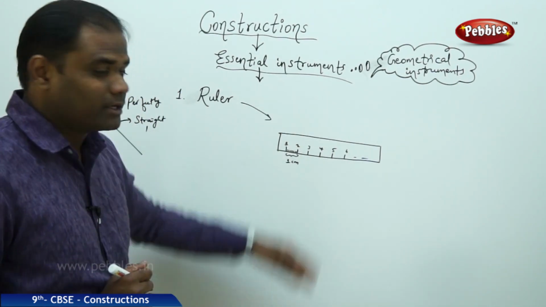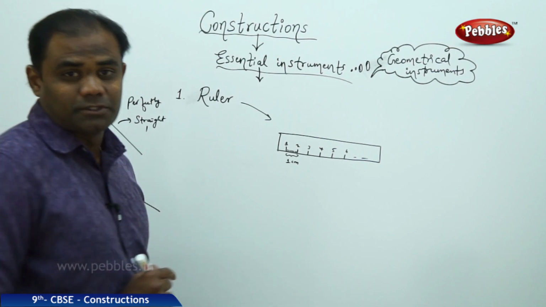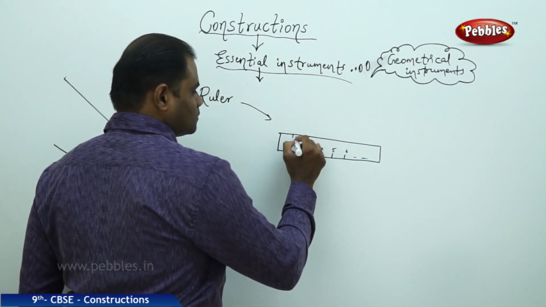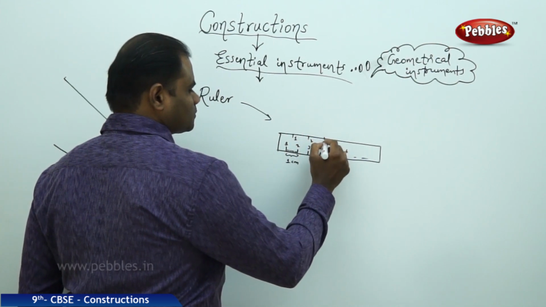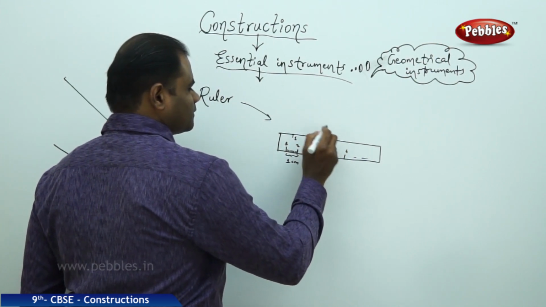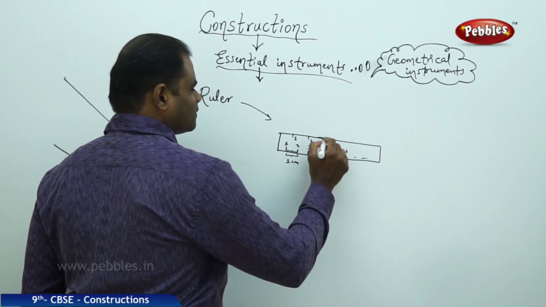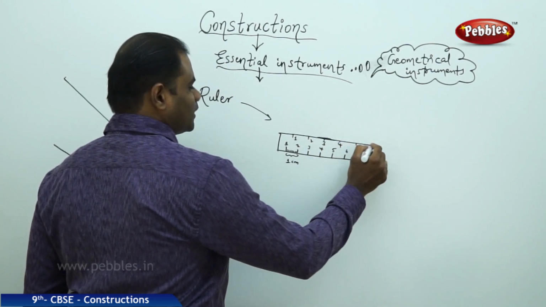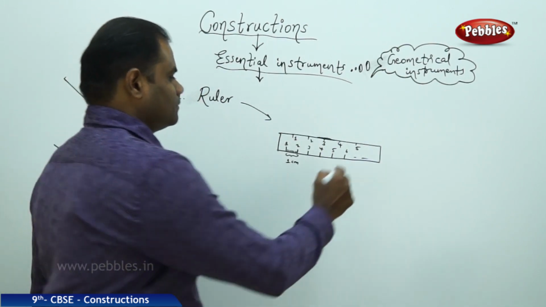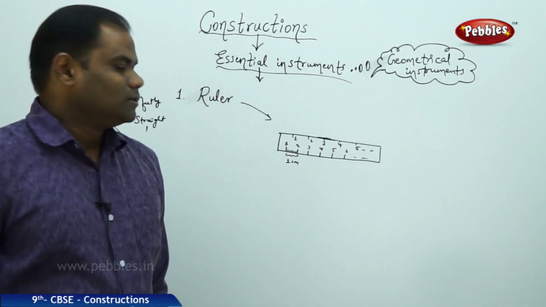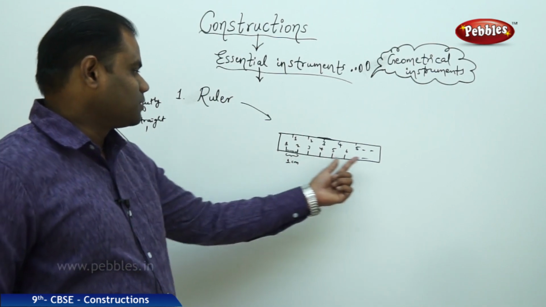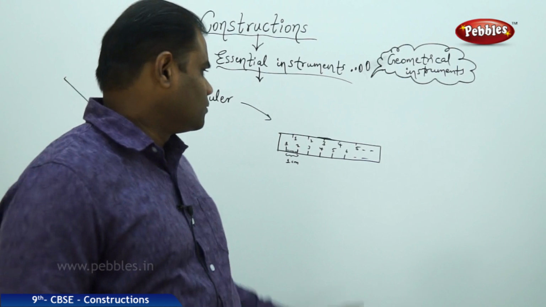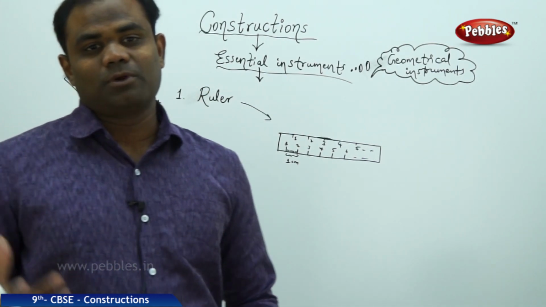And the other side of the ruler has the measurements in inches. So here I have them in inches. 1, 2, 3, 4, 5, etc. So I have the measurements here in centimeters and here in inches, is how we understand a ruler basically with its properties.